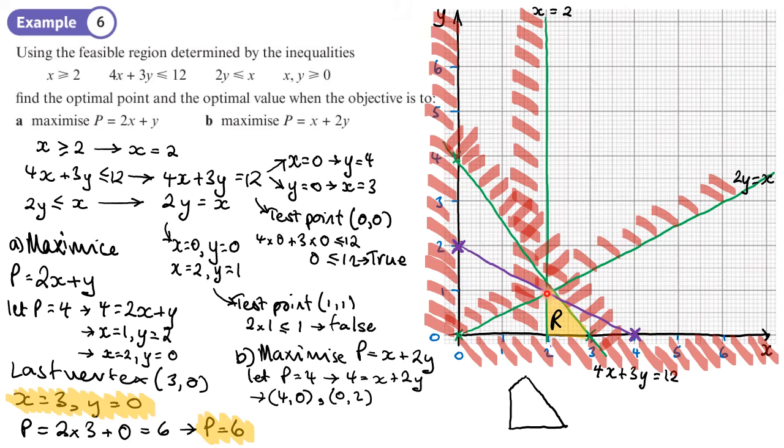Very close to the end of the vertex, but you can see the last vertex is going to be this one at the top, and that's the intersection of these two lines here, the 2y equals x and the 4x plus 3y equals 12. So we'll just put here that the last vertex is the intersection of the 2y equals x and 4x plus 3y equals 12 lines.